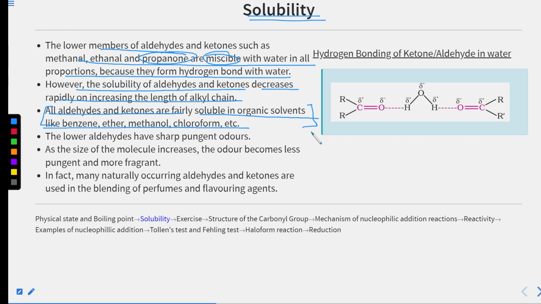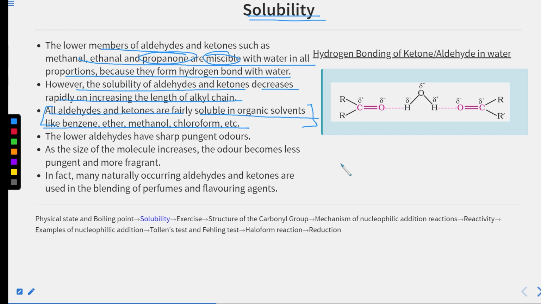You may argue that aldehydes and ketones are polar in nature, but see students, there is one difference between this polarity and the polarity of highly polar molecules like HF. Their difference in electronegativity is very high. If you compare the electronegativity difference of carbon and oxygen with that of hydrogen and fluorine, there is a much greater difference.